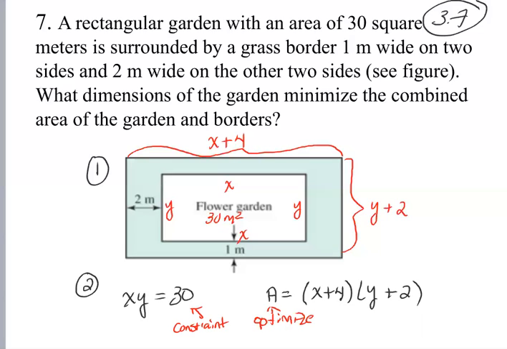Now, I'm going to go on to step 3, and I'm going to combine those two equations to form a single equation, so that I have this quantity that I want to optimize as a function of only one variable. I'm going to write those equations down again. XY is equal to 30, that's my constraint. A is equal to (X plus 4) times (Y plus 2).